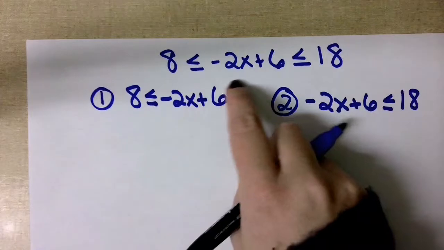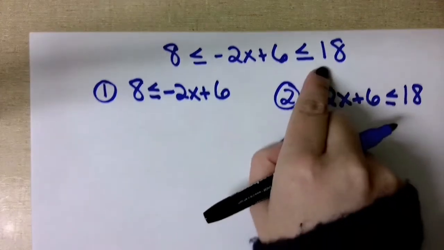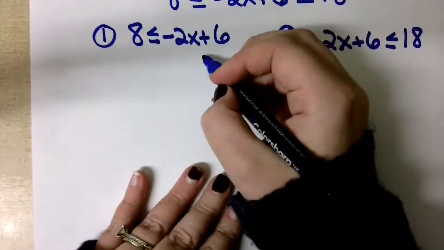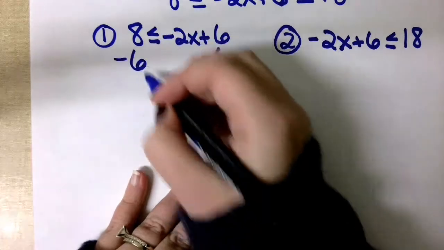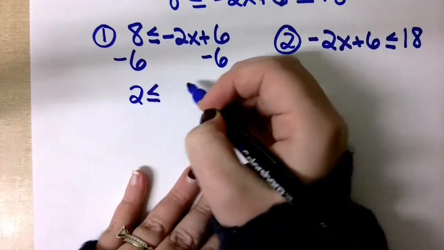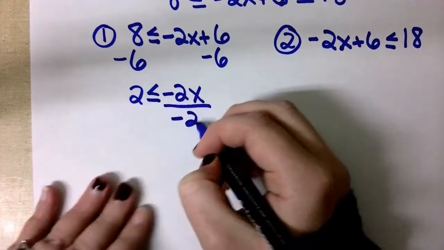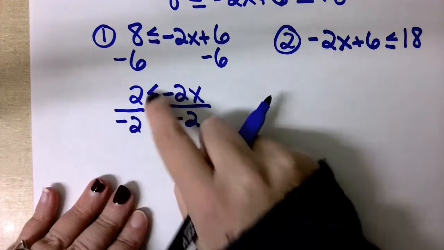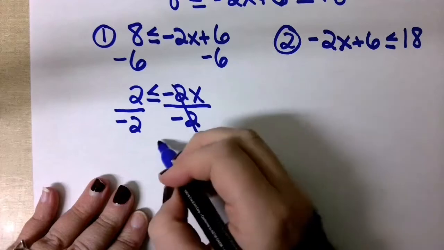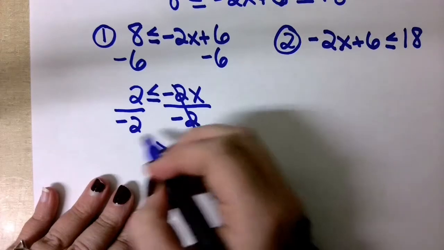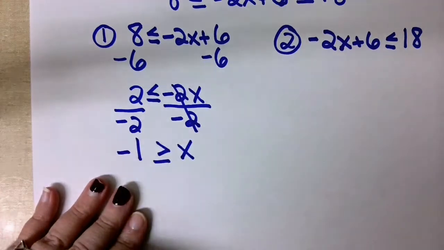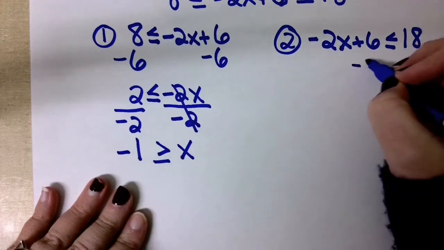It's going to be an "and" because it's set up like this. From there, I do the math, subtract 6, 2 is less than or equal to negative 2x, divide by negative 2. Because I'm dividing by the negative, the sign flips, and I get negative 1 is greater than or equal to x. Same thing here.